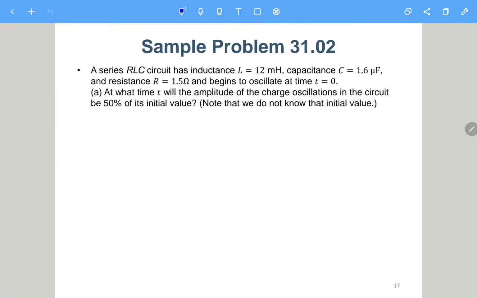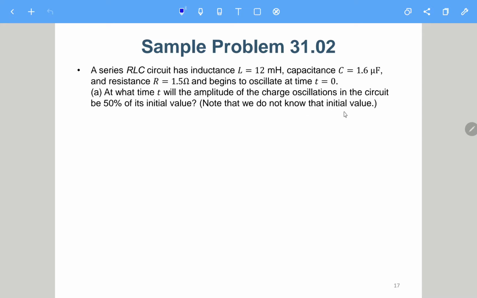Okay, so here let's take a look at a sample problem. It says a series RLC circuit has inductance L, C, and R to be these values, and begins to oscillate at time t equals 0. At what time t will the amplitude of the charge oscillation in the circuit be 50% of its initial value?